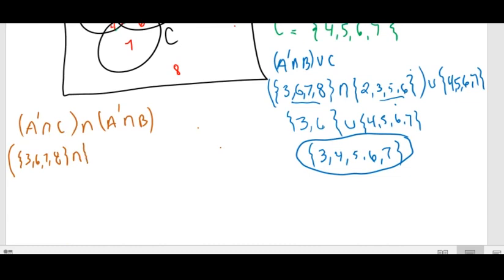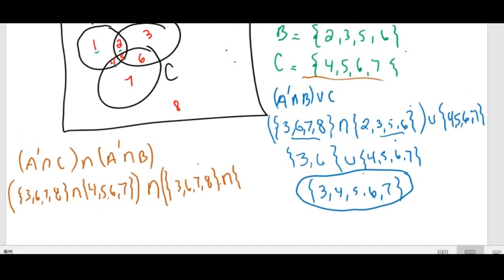C is made up of 4, 5, 6, and 7. So that's in that parentheses. Then I'm going to have intersected with A complement again, which is 3, 6, 7, 8. Intersected with B. B is 2, 3, 5, 6.